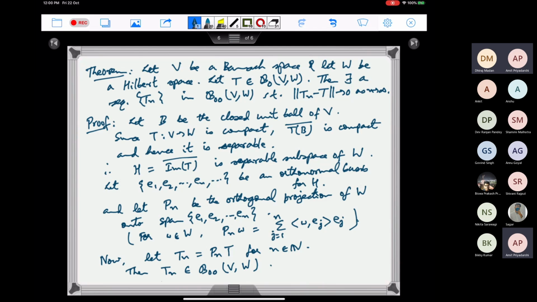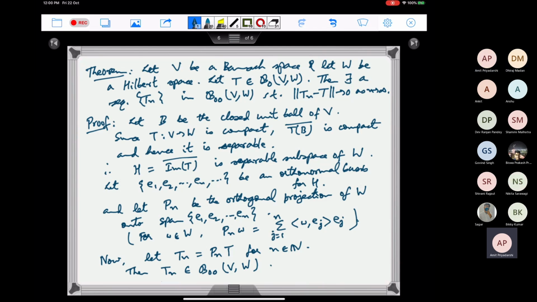If you assume here it is also a metric space, so a compact metric space has to be separable. More generally, a compact Hausdorff space is separable, right? So we are using that general result of topology. That again is not very difficult to prove, but I don't want to get into that. So you can look at that compact implies separability.